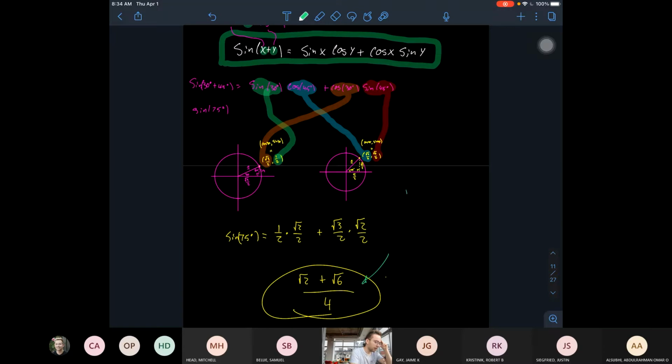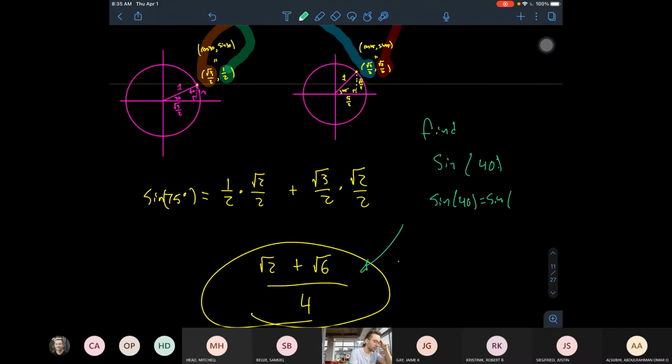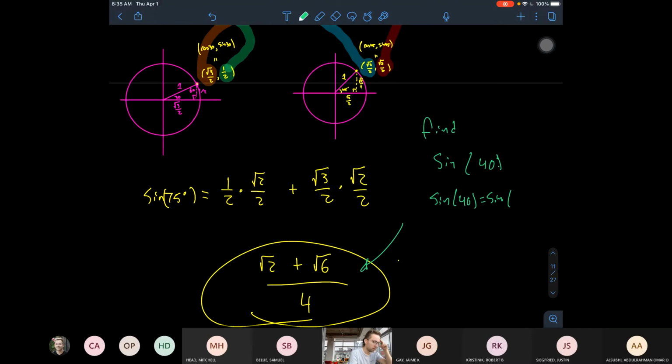Now we know what sine of 75 degrees is. So we could also find something like sine of 40 degrees. That wouldn't really be an issue, because we can write sine of 40 as the sine of an expression in angles which we already know the value of sine for.